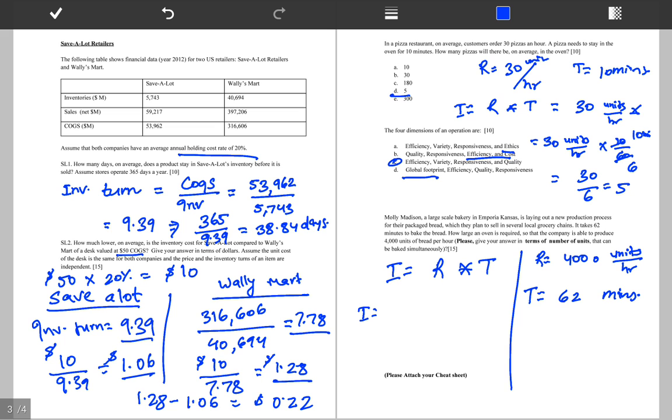That's what I've asked. How large is the oven required? Answer in terms of units of bread per hour. So I is, rate is 4,000 units per hour, time is 62 minutes.